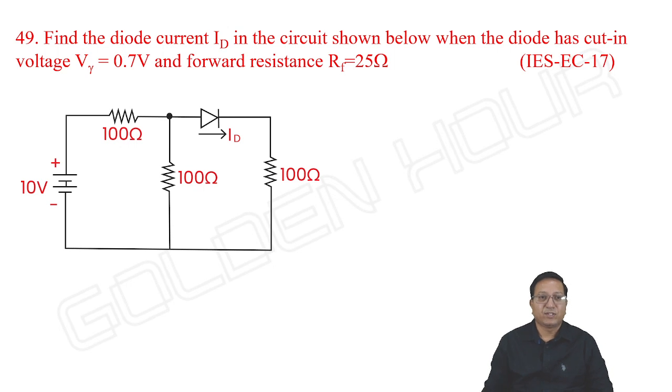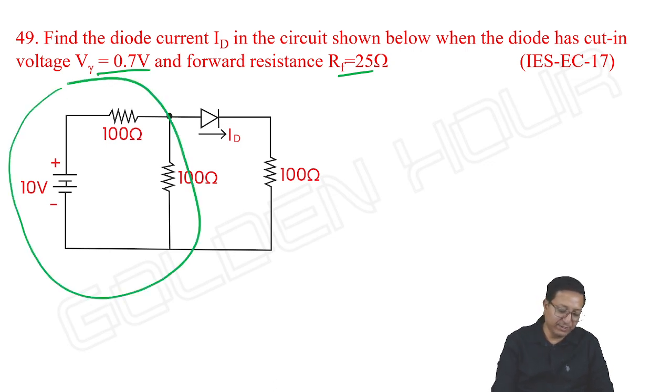Next, see this question. Find the diode current ID in the circuit shown below when the diode has cut-in voltage V gamma equal to 0.7 volts and the forward resistance RF equal to 25 ohms. Directly they gave V gamma and RF values. How do we solve this? We all know this, right?